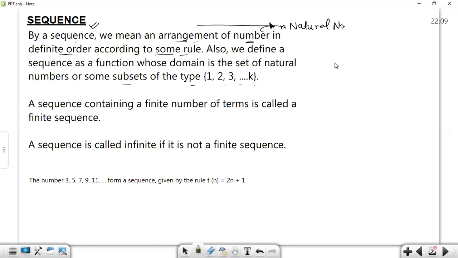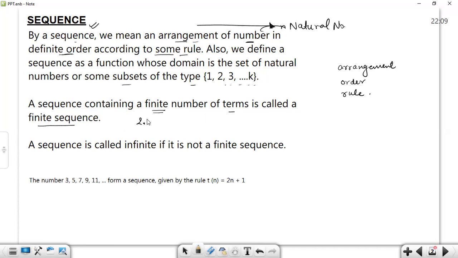Simple arrangement of numbers in certain order following some rule. Clear?